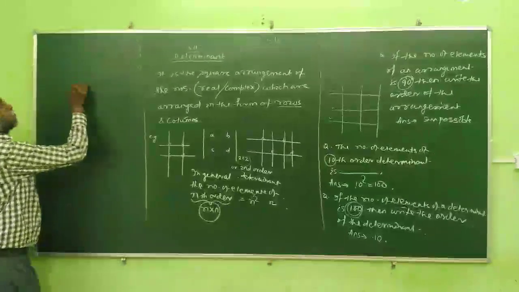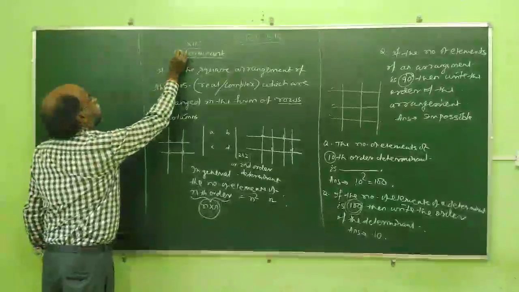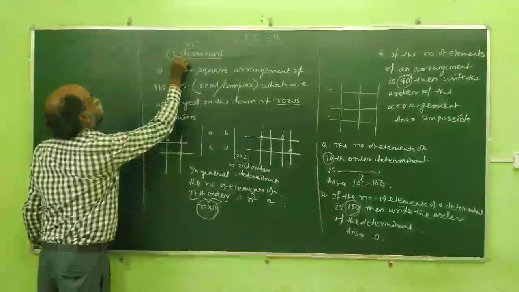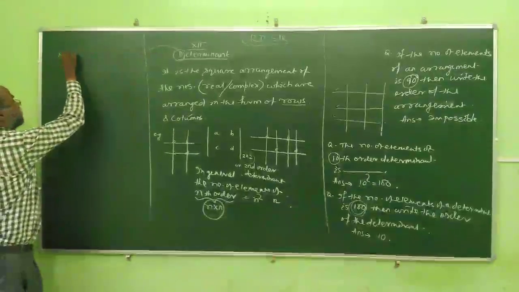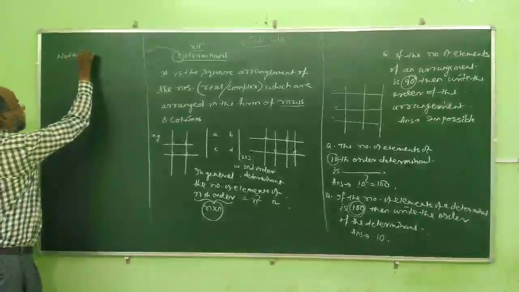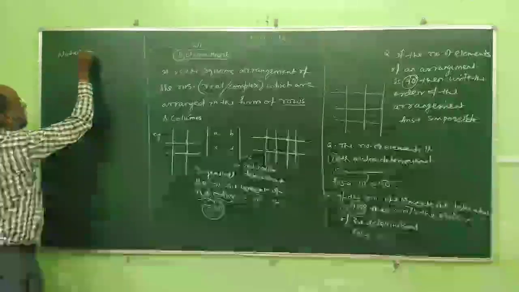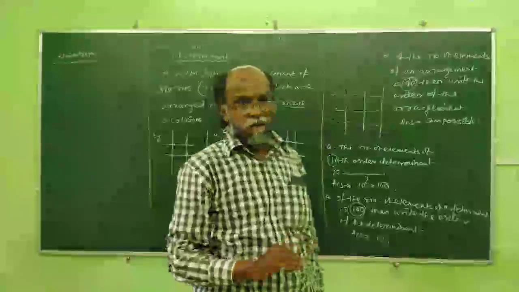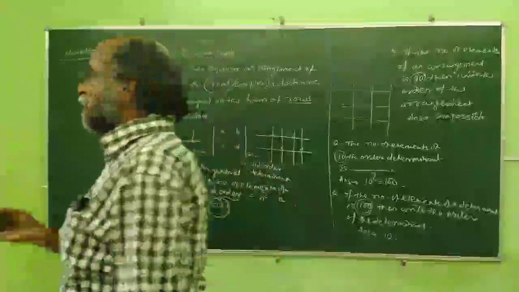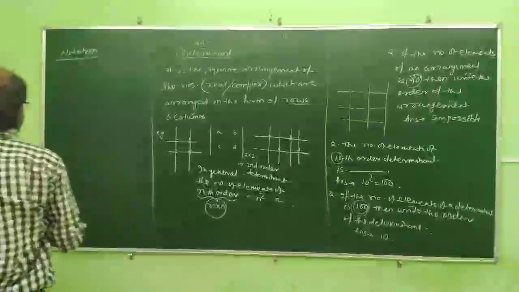Then determinant. What is the first letter of the word determinant? D. So any determinant can be, I am telling about notation, denoted by the alphabet, generally capital letters we are denoting.